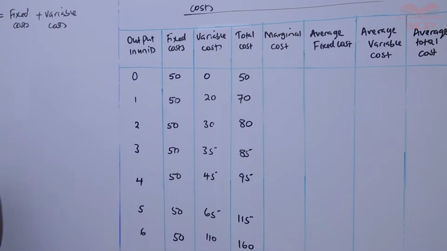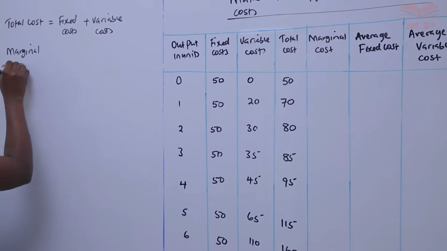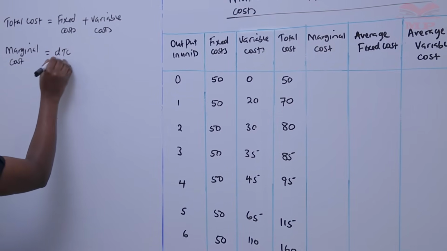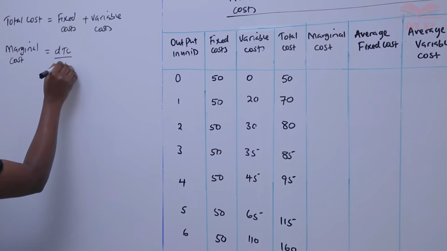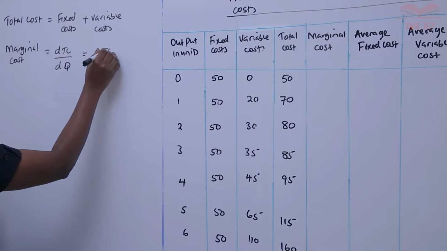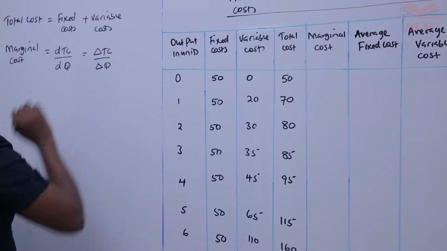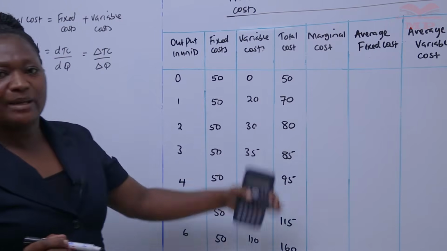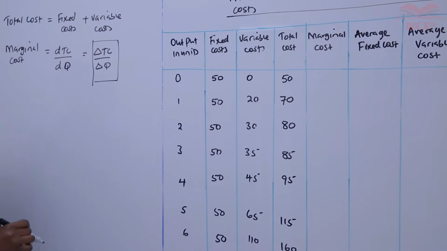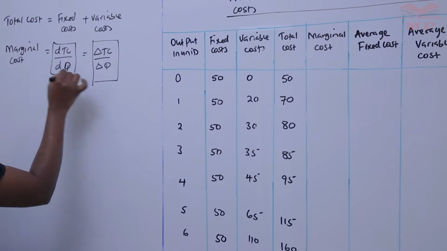Then next we calculate the marginal cost. We say this is the change in total cost over change in Q, which is the same as change in TC over change in Q. Whenever we've been given a table, this change formula is what we'll use, and where we've been given a function, we will use a different approach.